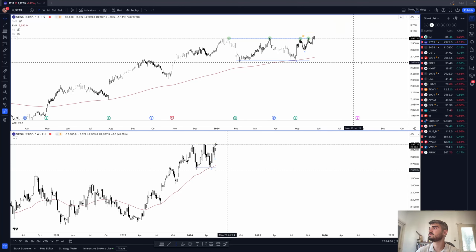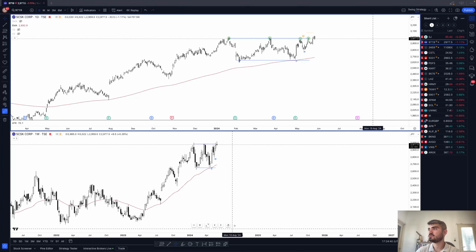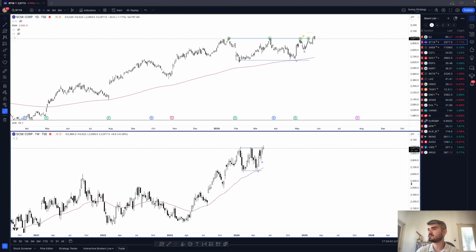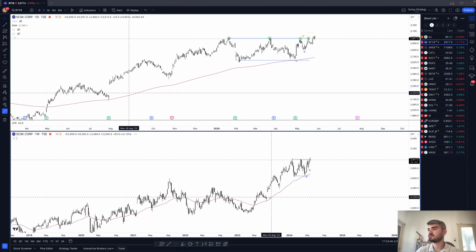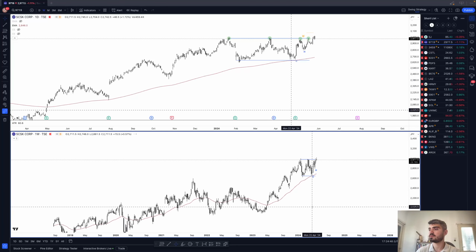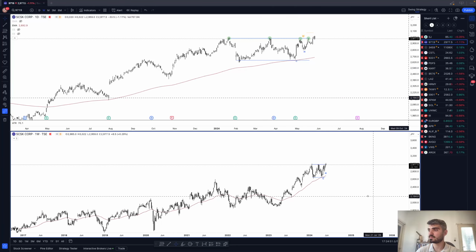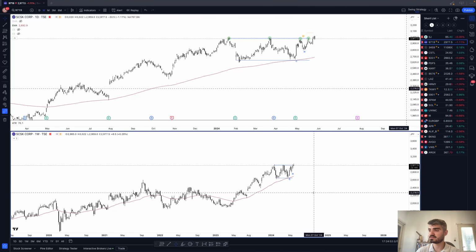A Japanese stock, once again, and quite similar. We are coming at all-time highs in an uptrend. So far it seems good.